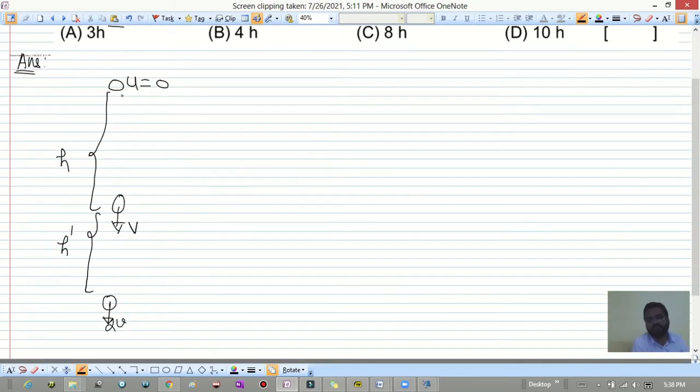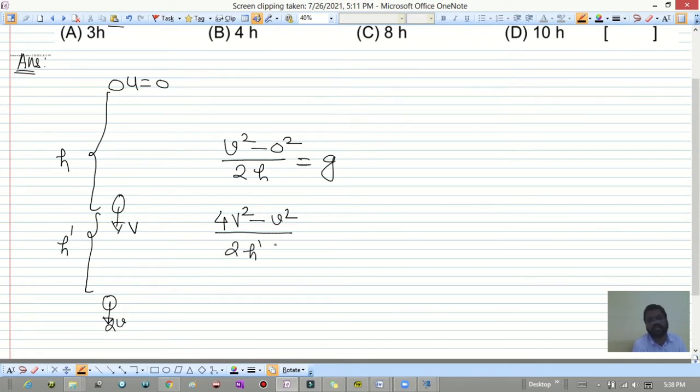So the final velocity v squared minus initial velocity 0 squared divided by 2h is equal to g. Likewise over here we have 4v squared minus v squared, final velocity minus initial velocity, divided by 2h dash is equal to g.